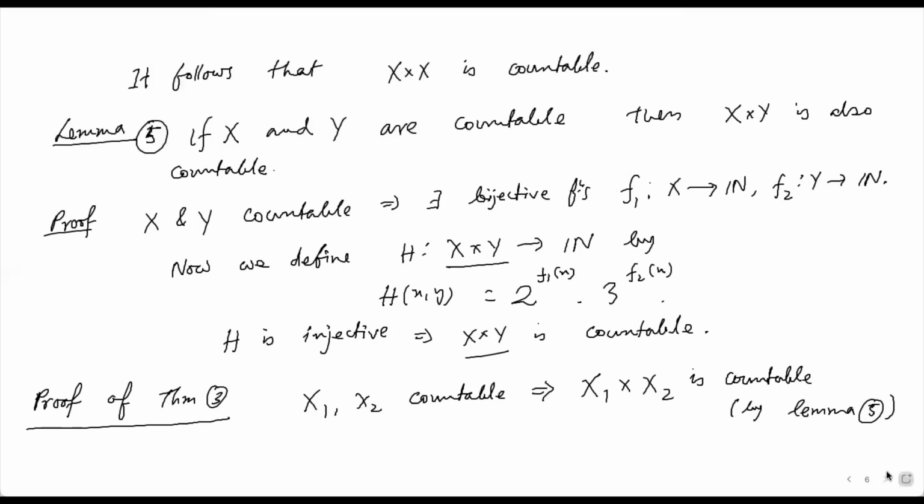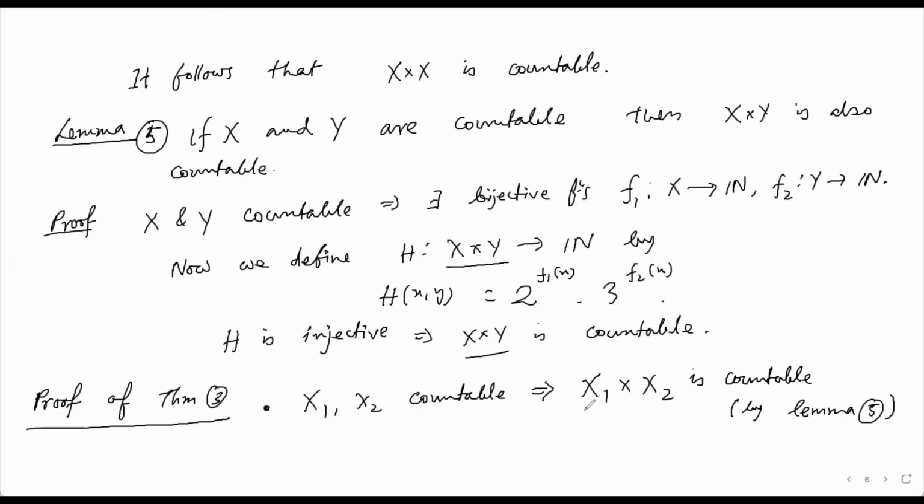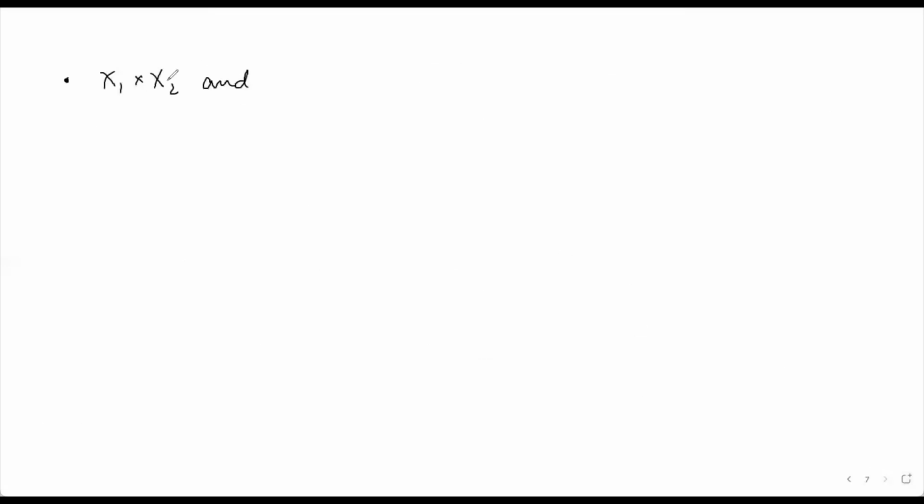This is step 1, and in step 2, from step 1 we have X1 cross X2 is countable. Now this is countable, and given that X3 is countable, it implies X1 cross X2, then cross X3, is countable.